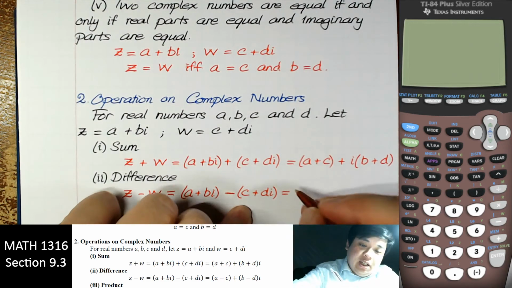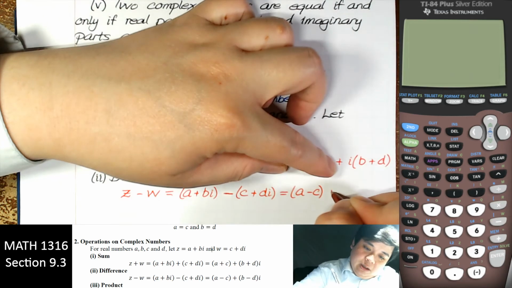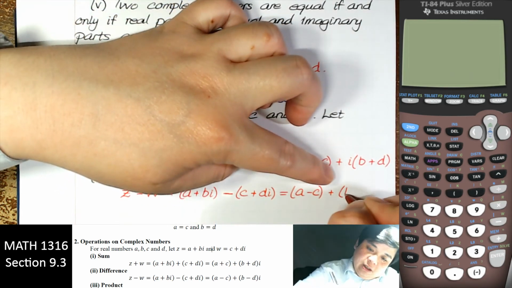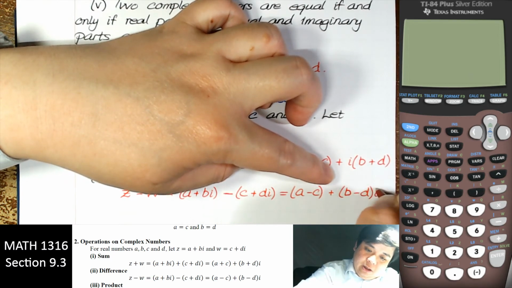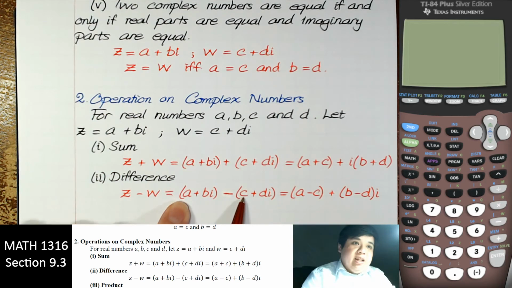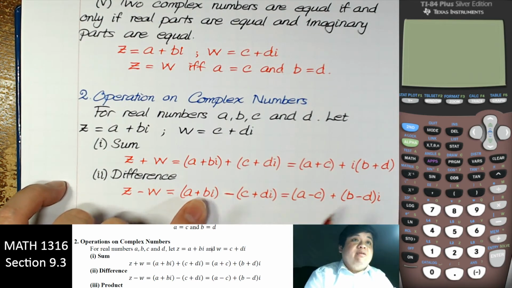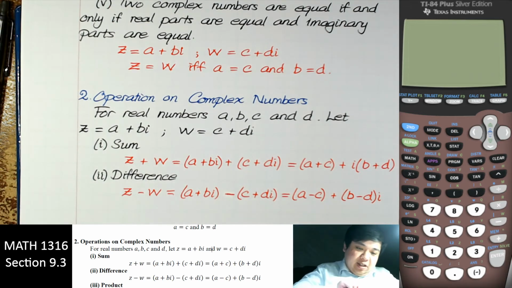So a and c, so a minus c, and then b and d with i. So a and c with the minus in the middle, b and d with the minus in the middle, and then factor out the i. So pretty much just combine like terms.